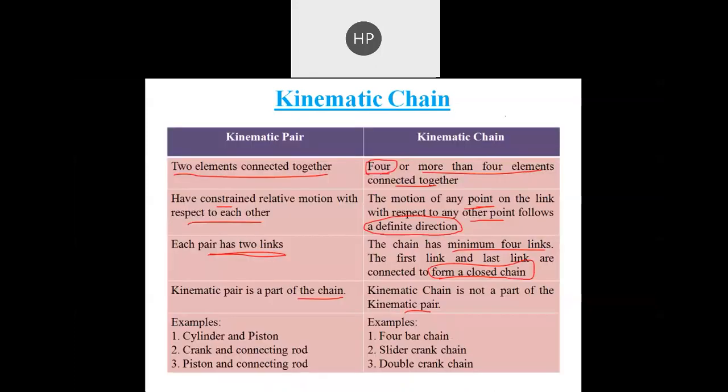Other examples are the 4 bar chain, sliding crank, and a double crank chain. These are some examples of a kinematic chain. So this is the difference between a kinematic pair and a kinematic chain. To make a kinematic chain we must have a kinematic pair. That is why the kinematic pair is an integrated part of the kinematic chain.